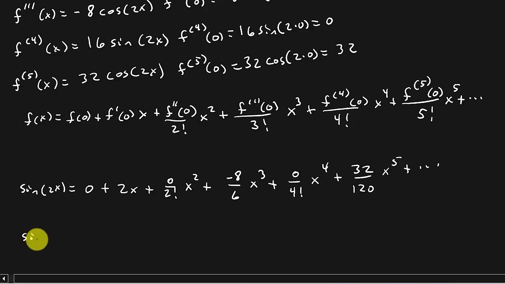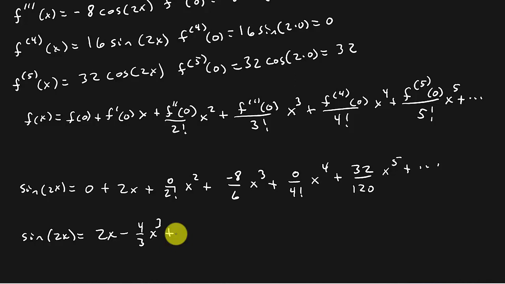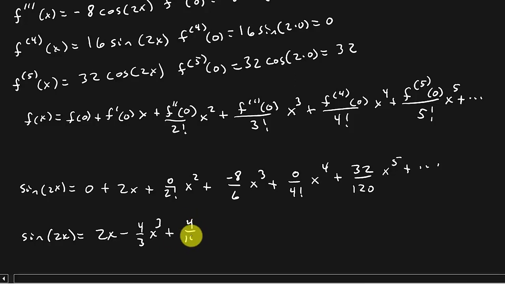And so we get sine 2x is equal to 2x minus, that's going to be what, 4/3 x cubed plus, and then let's see, 32 over 120. Let me get my calculator. 32 over 120, that is 4 over 15 x to the fifth plus dot dot dot.